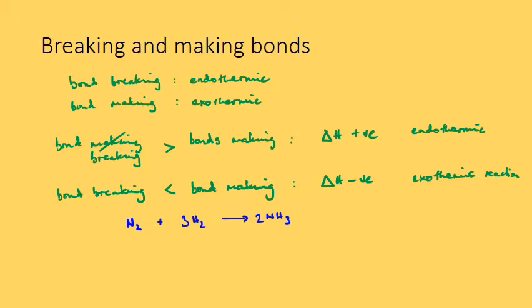We can write the displayed formula here. A nitrogen molecule looks like this with a triple bond, and you've got a single bond between the hydrogens, but you've got 3 of them. And here in the ammonia molecules you've got nitrogen and 3 hydrogens, but you've got 2 of those molecules.